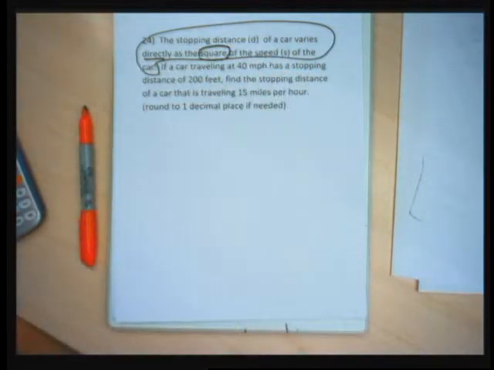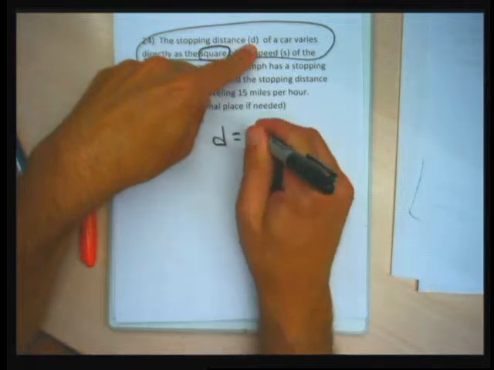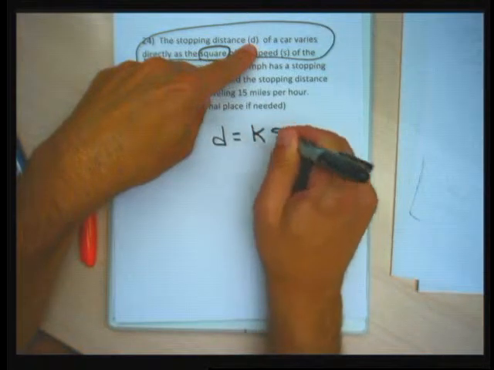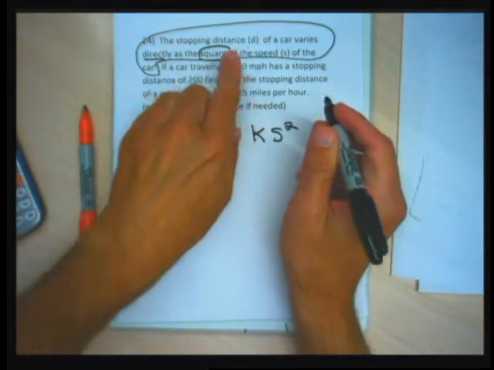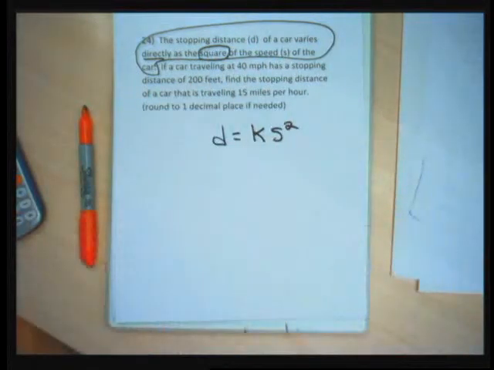So for that first equation, I know I'm going to need an exponent of 2. Square implies exponent, not a radical symbol like square root would be. So I'm going to get d equals k times s squared. The distance varies directly as the square of the speed, and that's an equation that represents that perfectly.